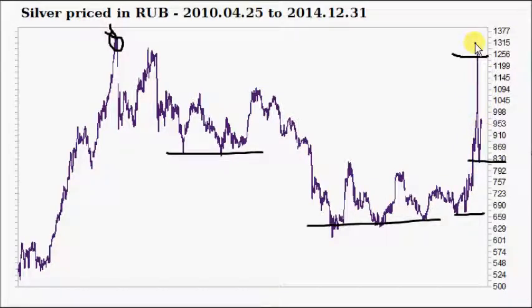So now the question is, you're here. It wasn't that long ago you were there. It was even less long ago you were here. So what's going to be taken out first? Silver priced in rubles going below, say, 650, 660 even, or going past 1260? Either way, it's probably not going to take that long, but who knows?